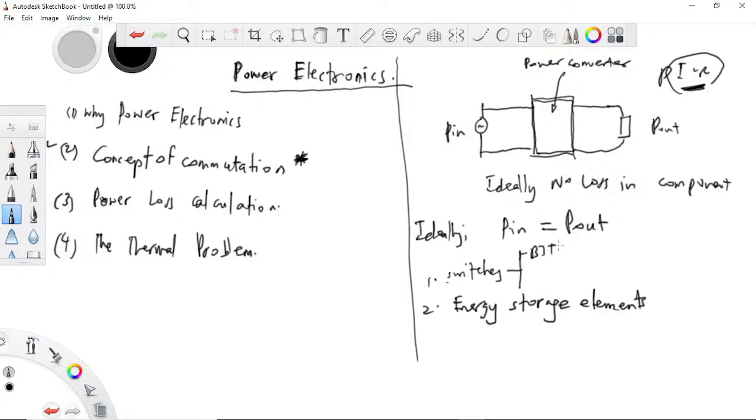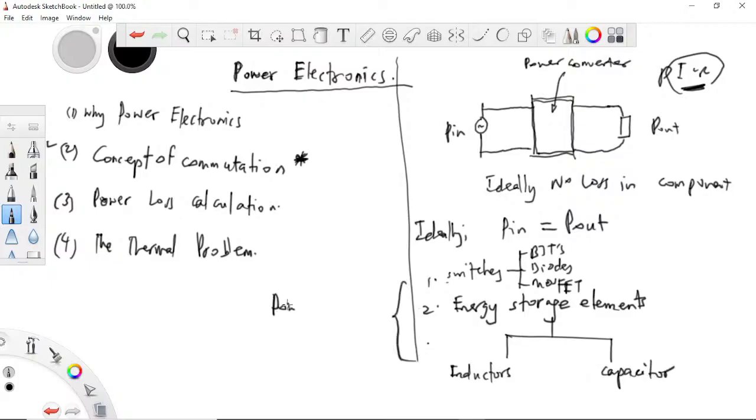So we can have BJTs, diodes, MOSFETs, and so on. And we also have the energy storage elements, inductors and capacitors. So these components make up what we call a power converter.